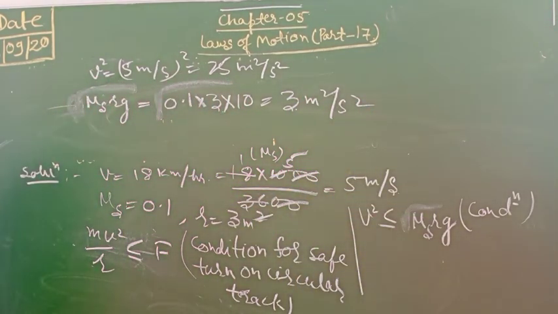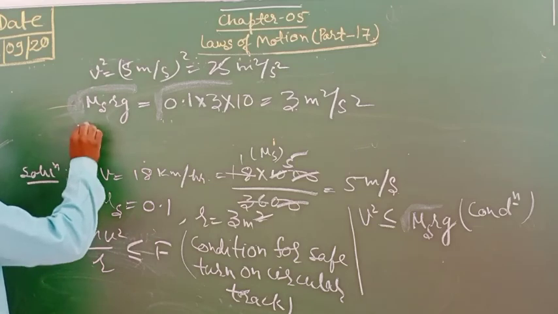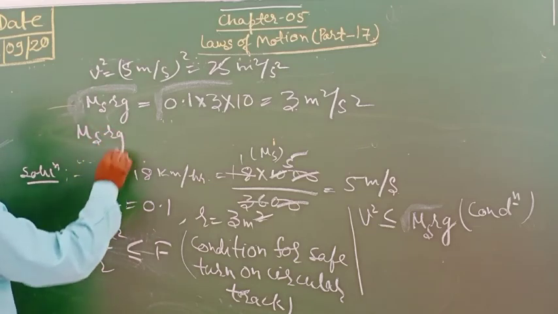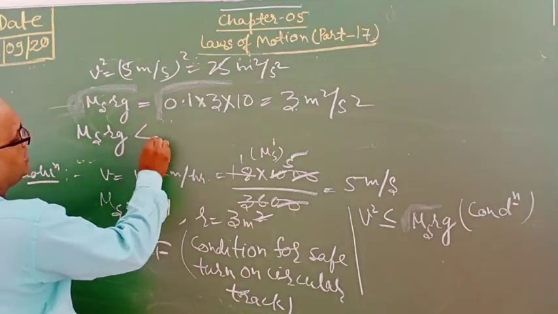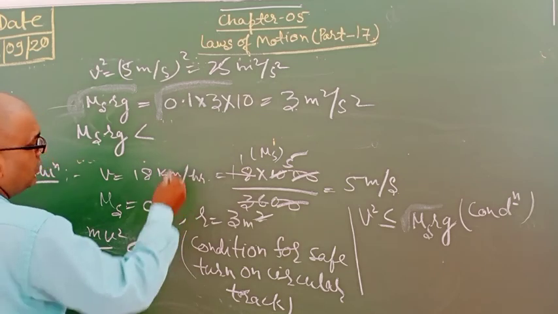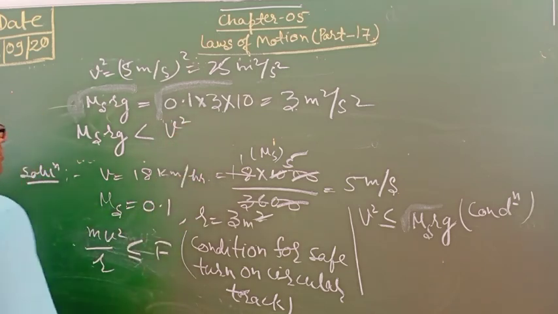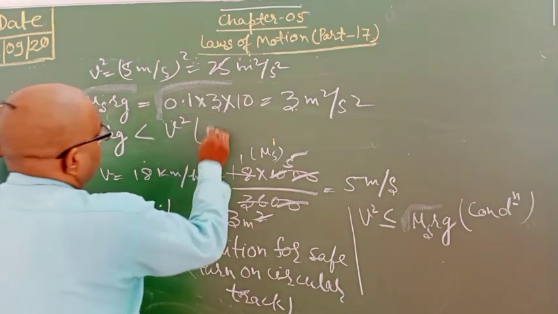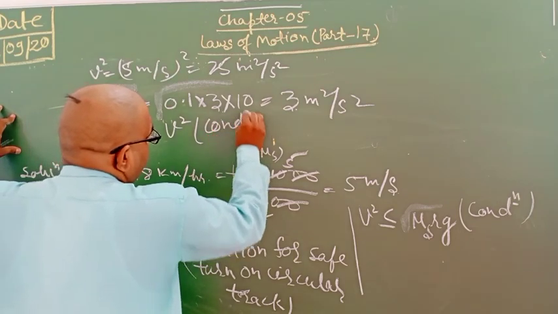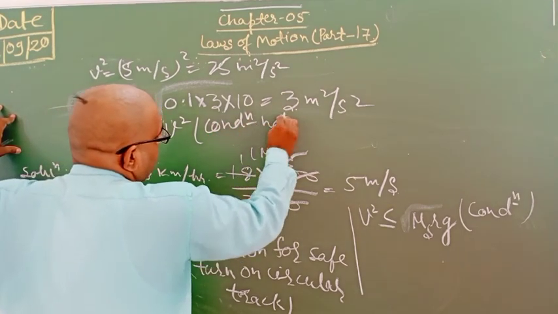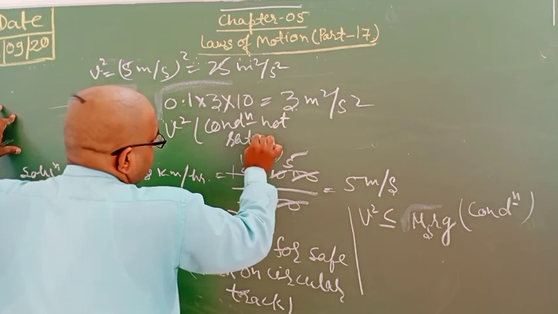So the value of mu s r g is less than v square. So the condition is not satisfied.